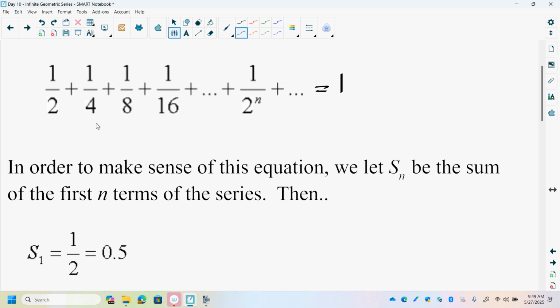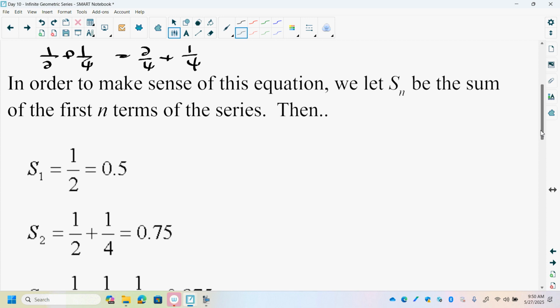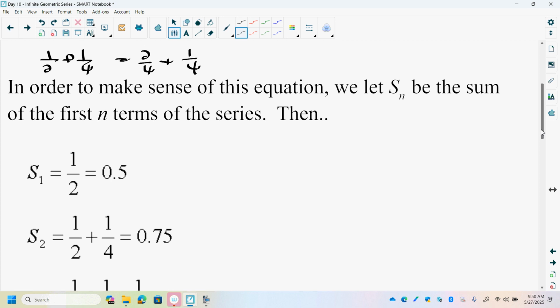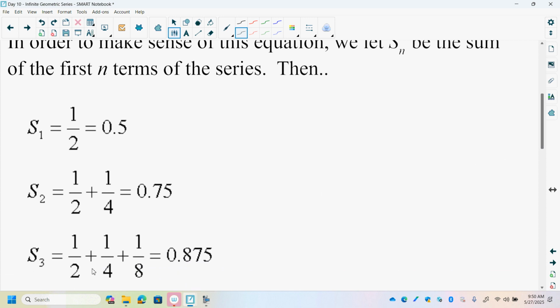What if I wanted the sum of the first two terms? What's a half plus a quarter? It would be 2 quarters plus 1 quarter, and that would give me 3 quarters, or 0.75. A half plus a quarter plus an eighth, that would be 4/8 plus 2/8 plus 1/8, 7/8.